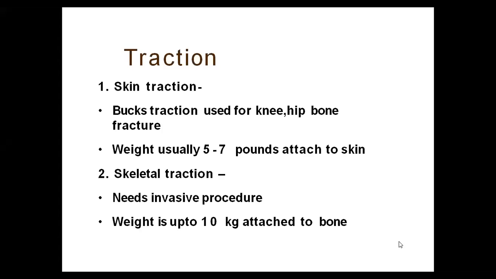Skin traction is usually used for knee joint or hip bone fractures, and the weight we use for skin traction is usually 5 to 7 pounds. In the case of skeletal traction, we need an invasive procedure, and the weight is up to 10 kgs attached to the bone.